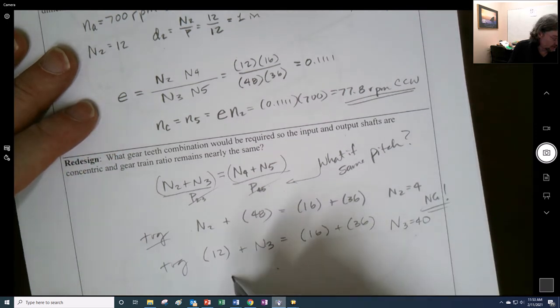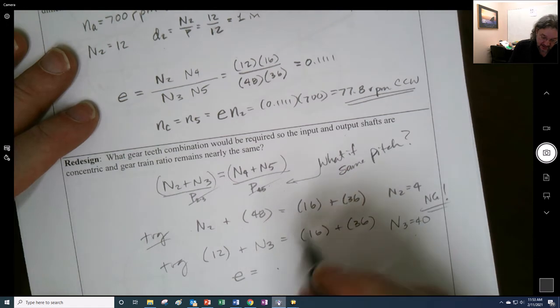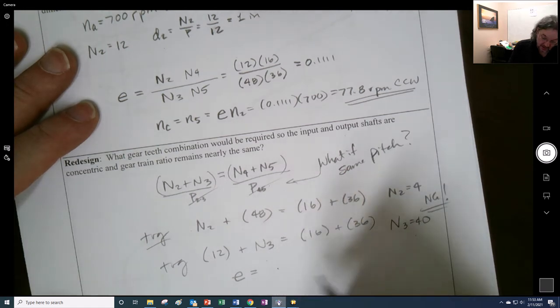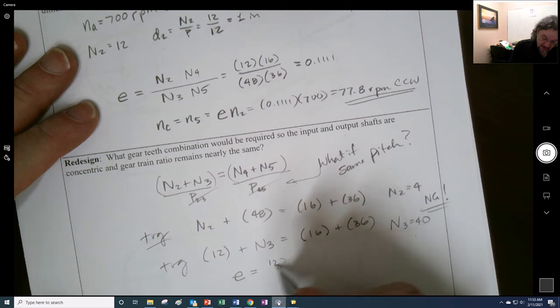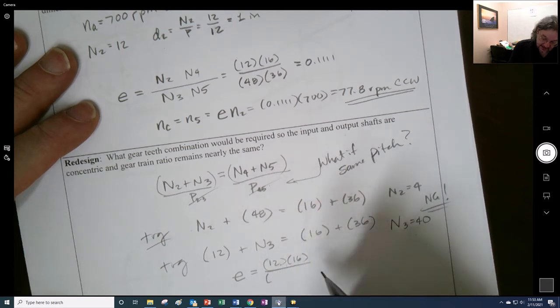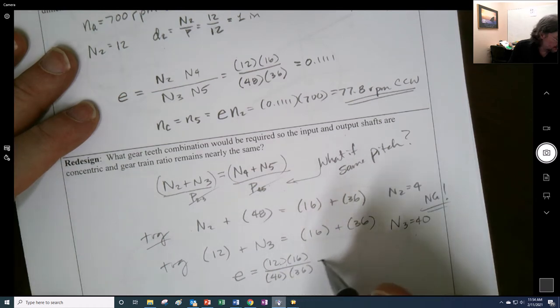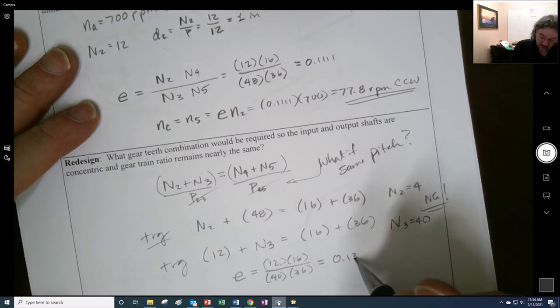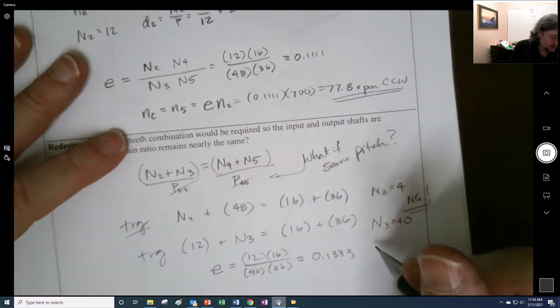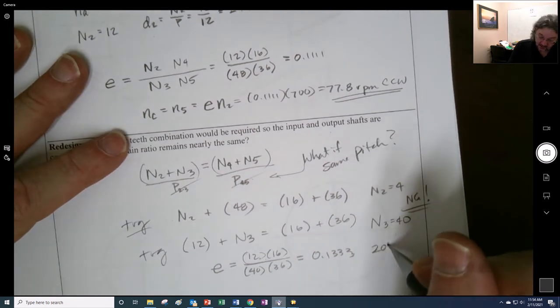Now let's try it out. What's the gear train ratio? That's going to be 12, 16, and then 40 and 36, and you end up with 0.1333, and that's 20% faster.